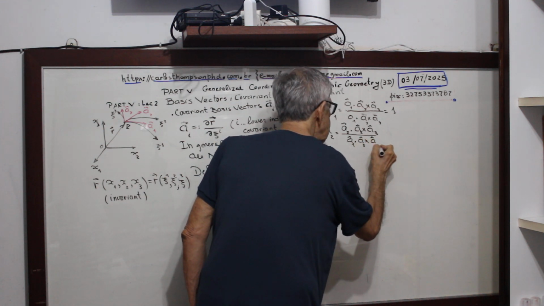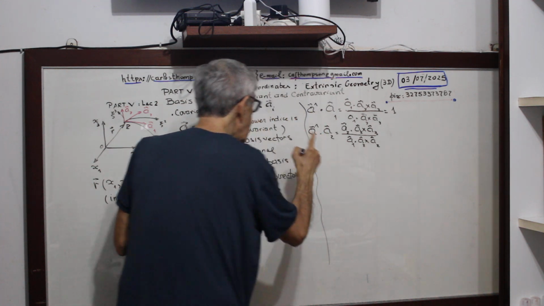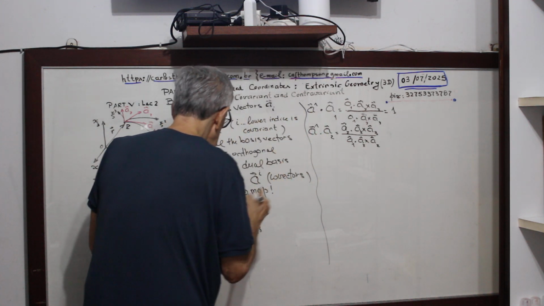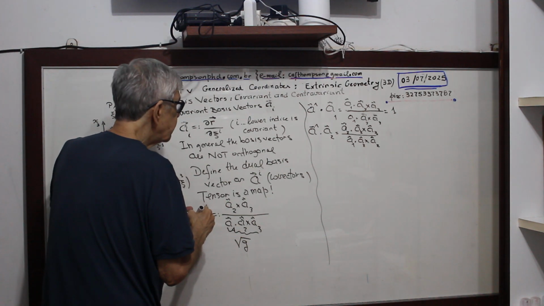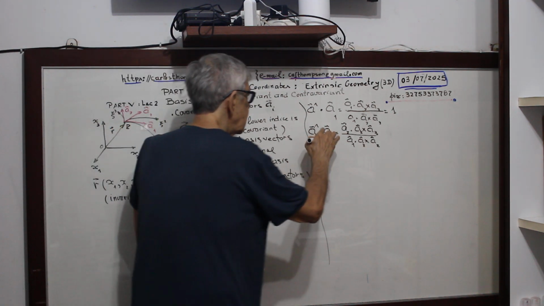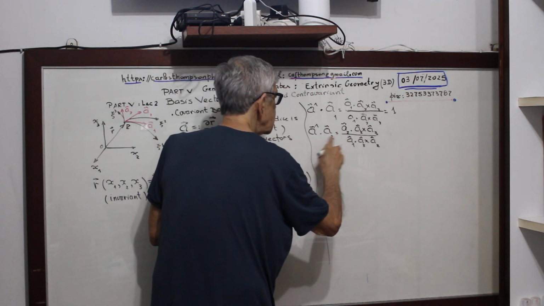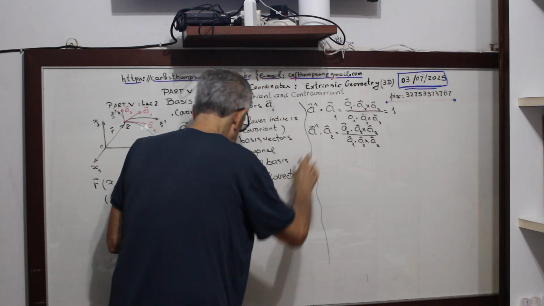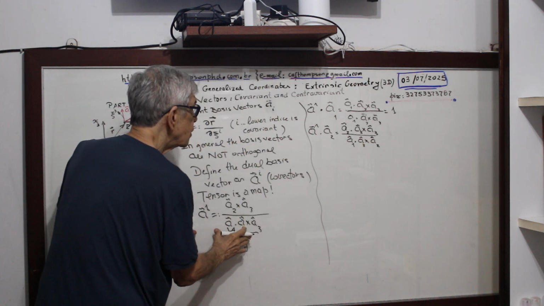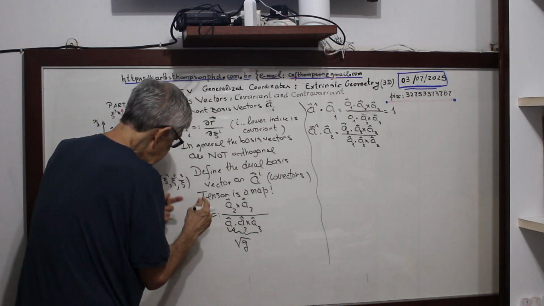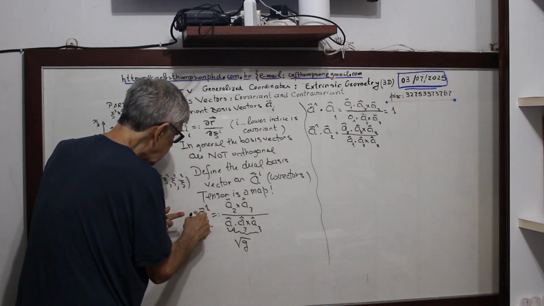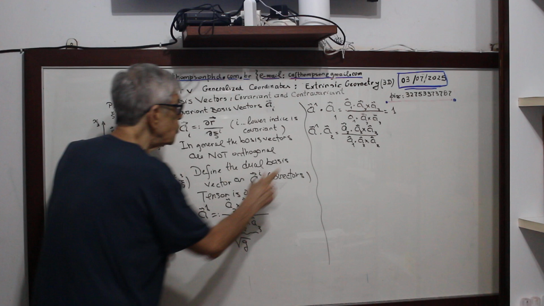Look, I just multiply by A2 on both sides over here. You see? This is A1, this is A1. I just take the dot product between A1 and A2.